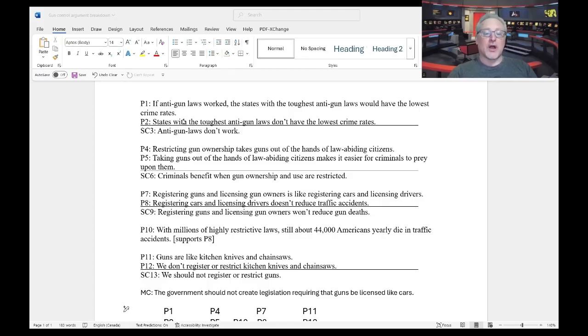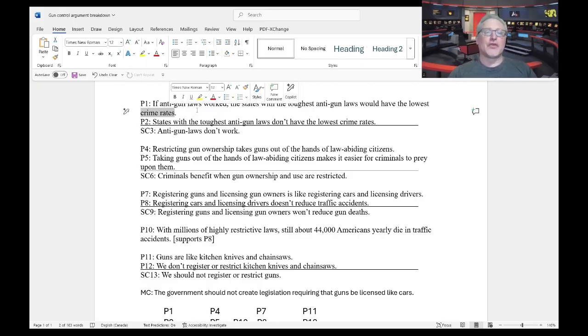Lowest crime rates. What kind of crimes? Only certain crimes involve guns, so we would only expect gun legislation to have an effect on crimes that involve guns. And nothing here specifies whether these lowest crime rates are the lowest rates of gun crime. So if anti-gun laws worked, the states with the toughest anti-gun laws would have the lowest rates of gun crime.